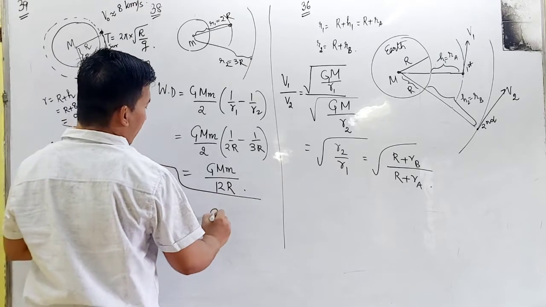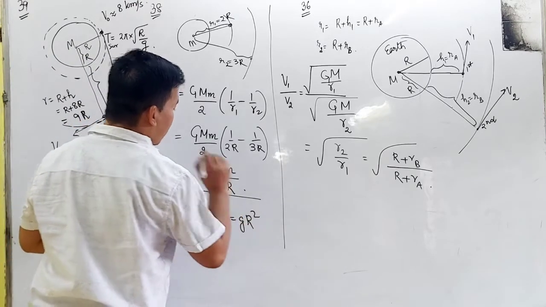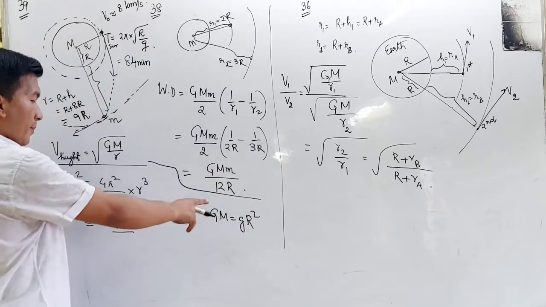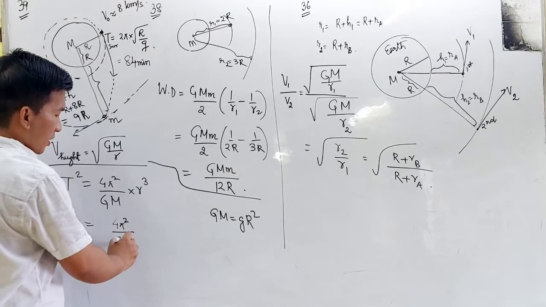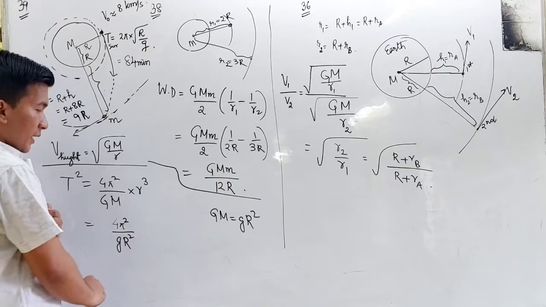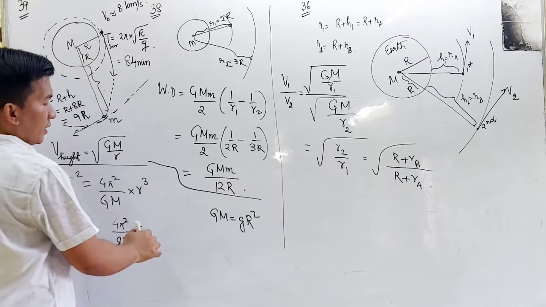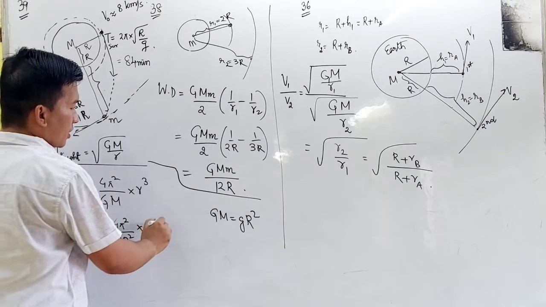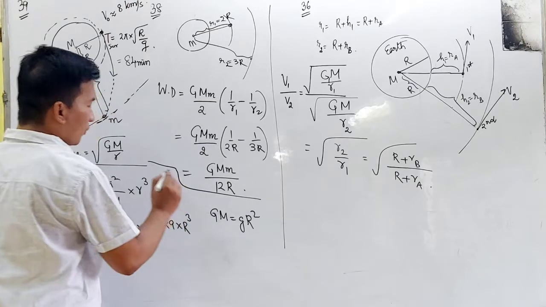Can we put capital GM as equal to small g R square? And what about your R cube? R cube will be 9 into 9 into 9 into R cube.